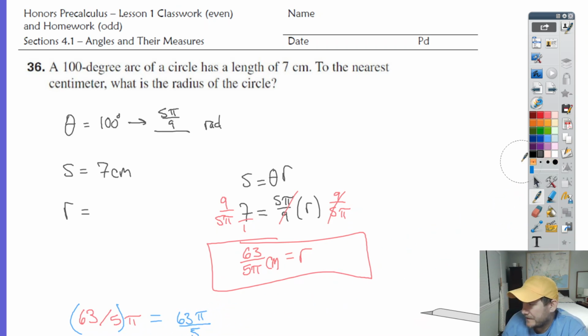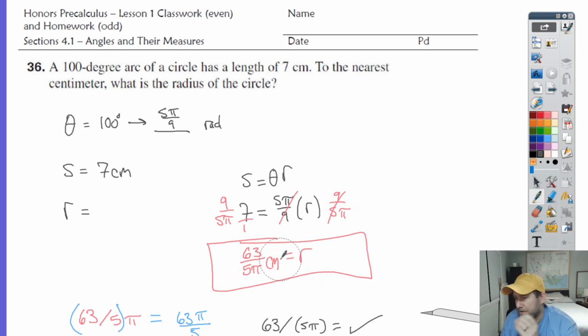So you have to be really careful when you type something like this in. You have to say, all right, I want 63 divided by, and then put parentheses around the 5 pi. The parentheses mean your calculator will now do that calculation first, then divide, and that'll give you the right value. Again, you don't have calculators, you won't be using them anyway, so just do it by hand. Just for future reference, be really careful with calculators and use parentheses when you need to.